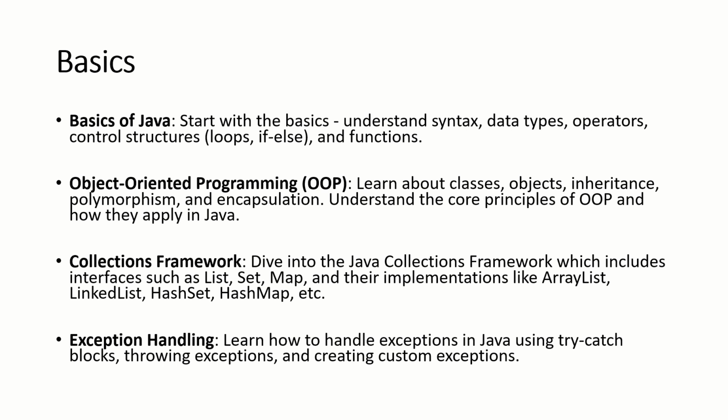Dive into the Java collection framework, which includes interfaces such as list, set, map, and their implementations like array list, linked list, hash set, hash map, tree set. There are many other interfaces and implementation classes in the collection. You need to master those things.